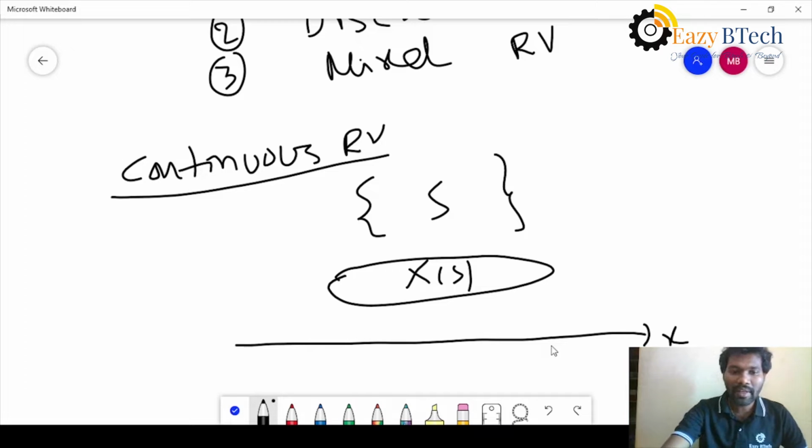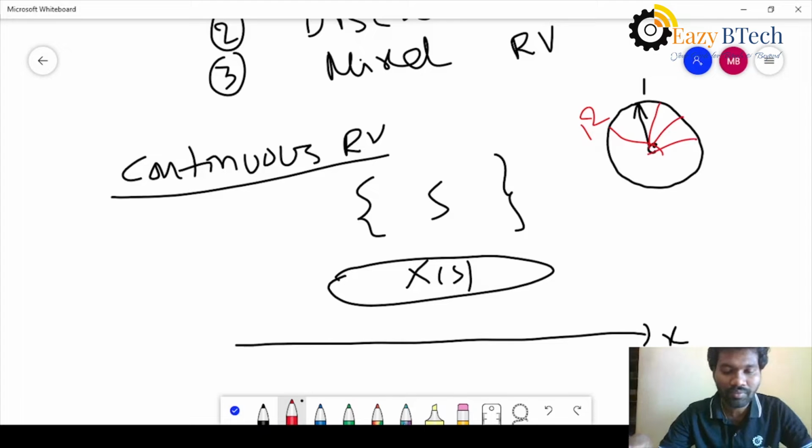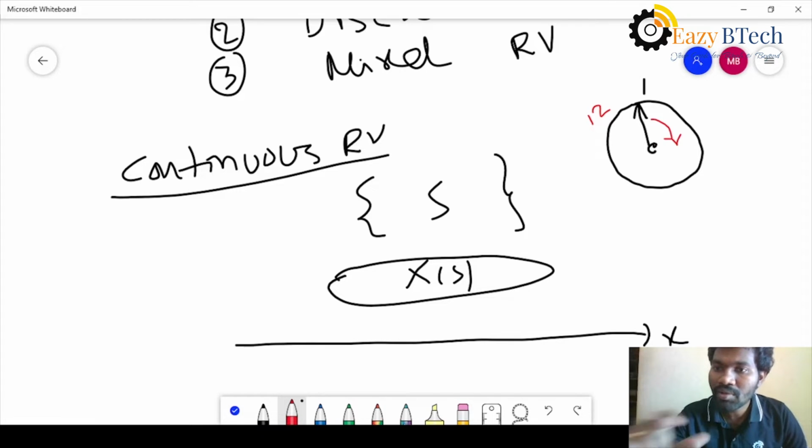I will take the sample space of our continuous random variable like a clock, or a circle having values from 1 to 12, and my needle moves slowly like this.